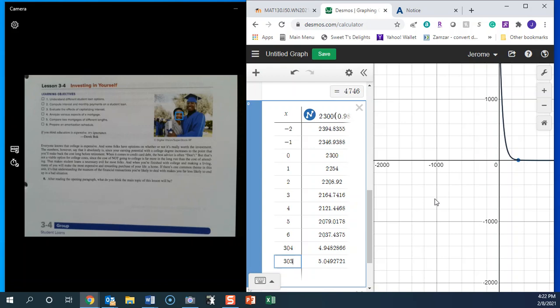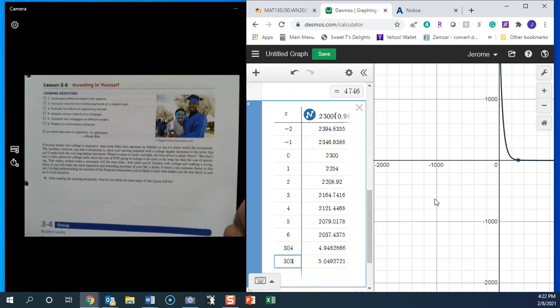If we run out of time, I am going to finish this lesson up, and I will tell you in the email where you would need to go since you were in class at the time. But I think we might make it. Okay, lesson 3-4 on page 251. It's called Investing in Yourself.